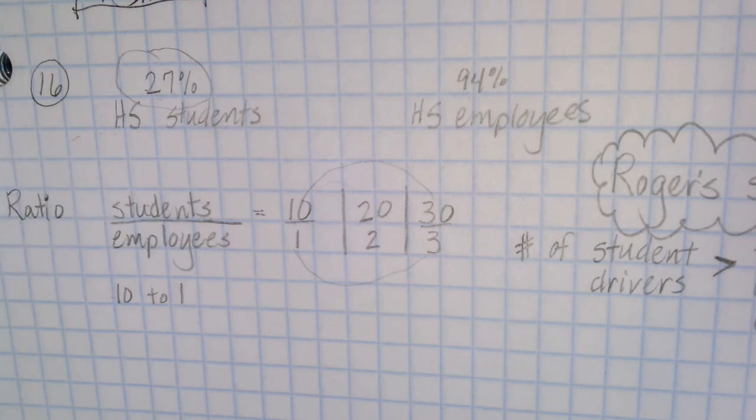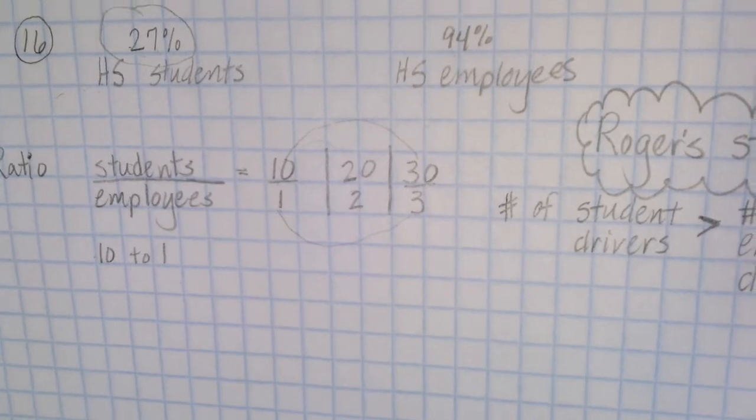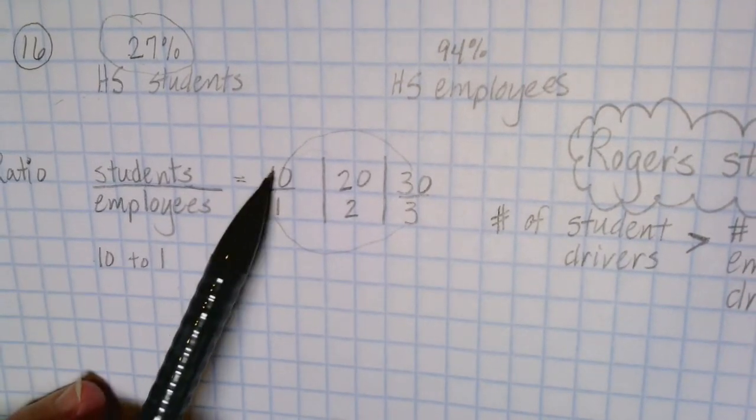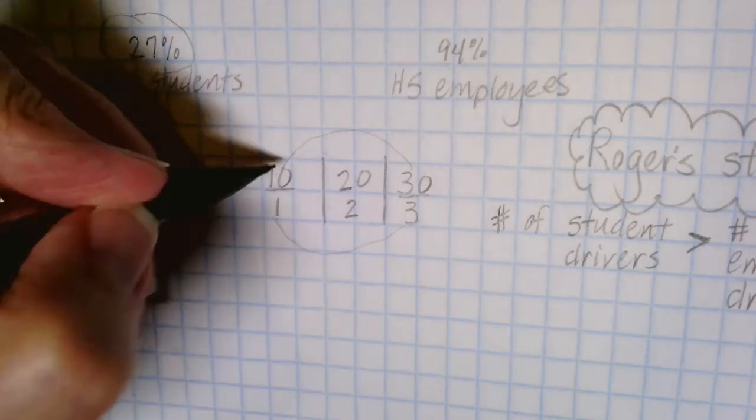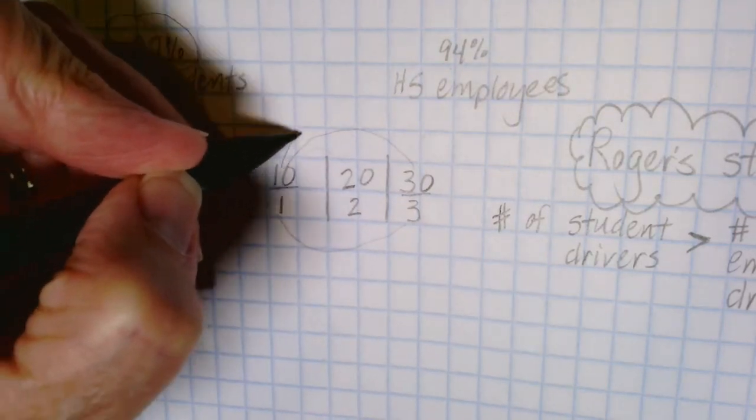So this is where we want to use our math, and we want to say, could this be true? Well, let's just make a fictitious high school. And let's say that instead of 10 students in the high school, let's have that number multiplied by 1,000.